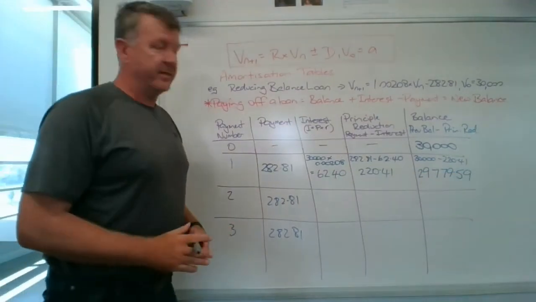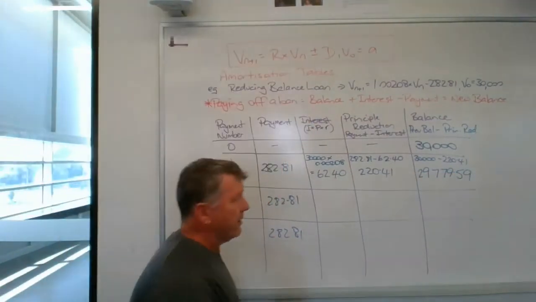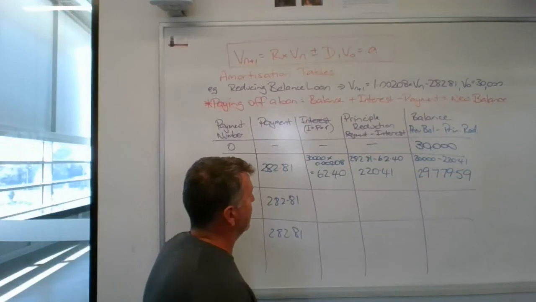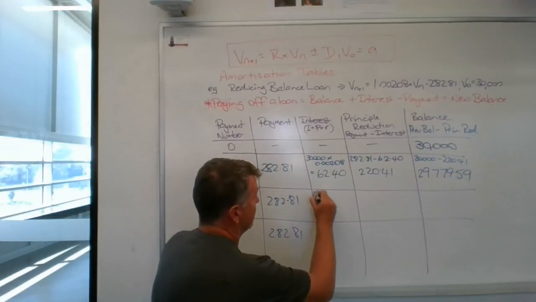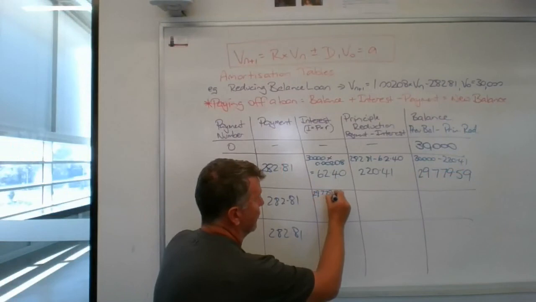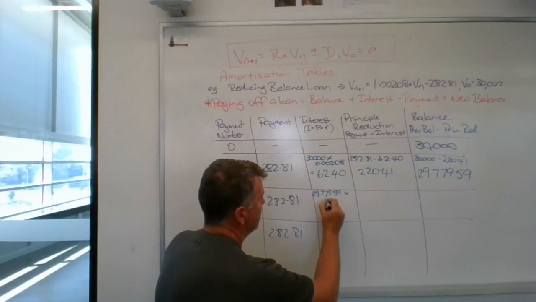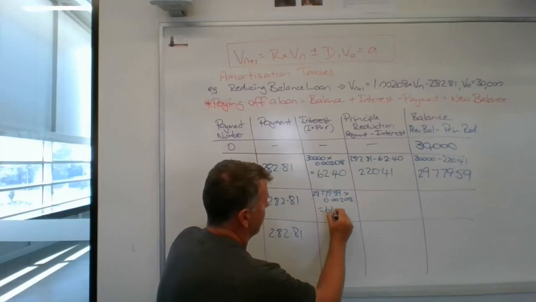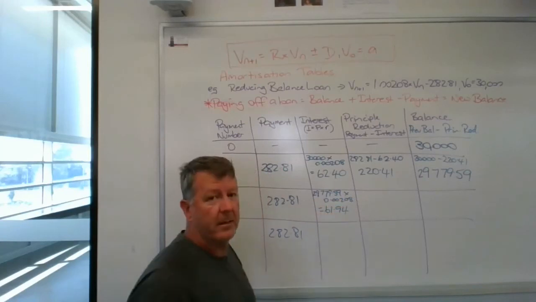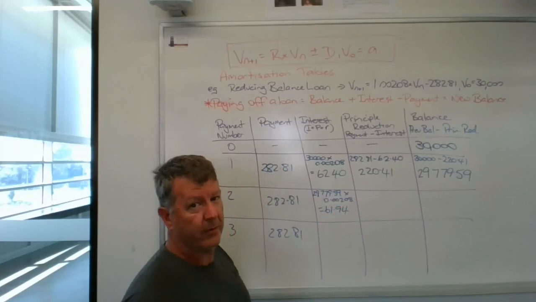All right. Then we go through the process again. I'm going to do this fairly quickly because it is very much the same. What's our balance now? It is 29,779.59 times our interest rate, 0.00208, which equals $61.94. Yes, I'm cheating, I've got the numbers over on the side. You have to do it by calculator.